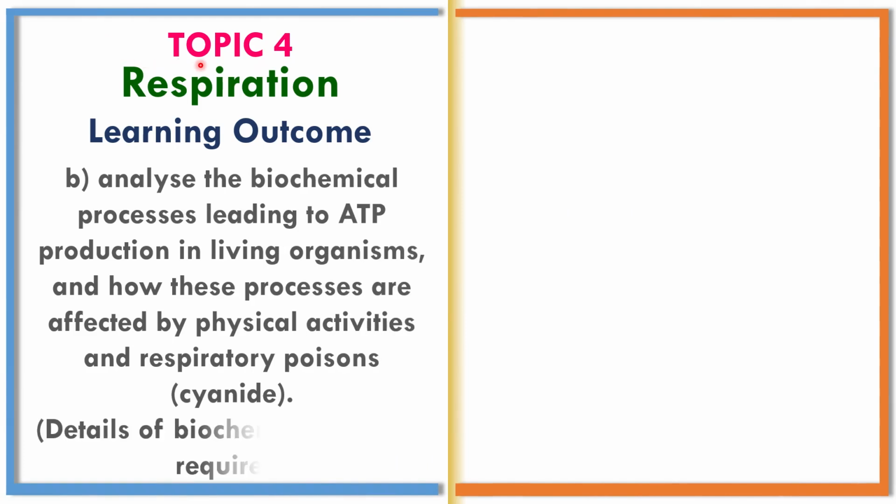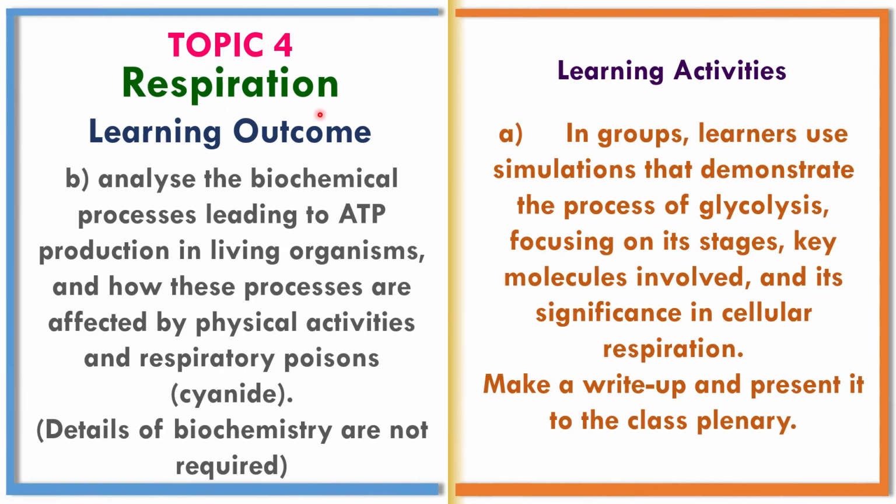Thank you for participating in topic 4, respiration. Our learning outcome B: analyze the biochemical processes leading to ATP production in a living organism and how these processes are affected by physical activity and respiratory poison like cyanide. Details of biochemistry are not required.